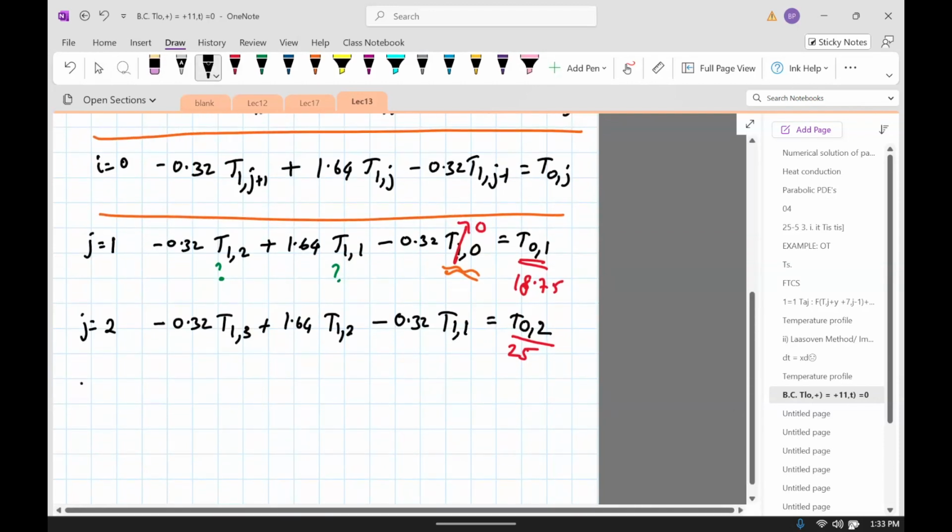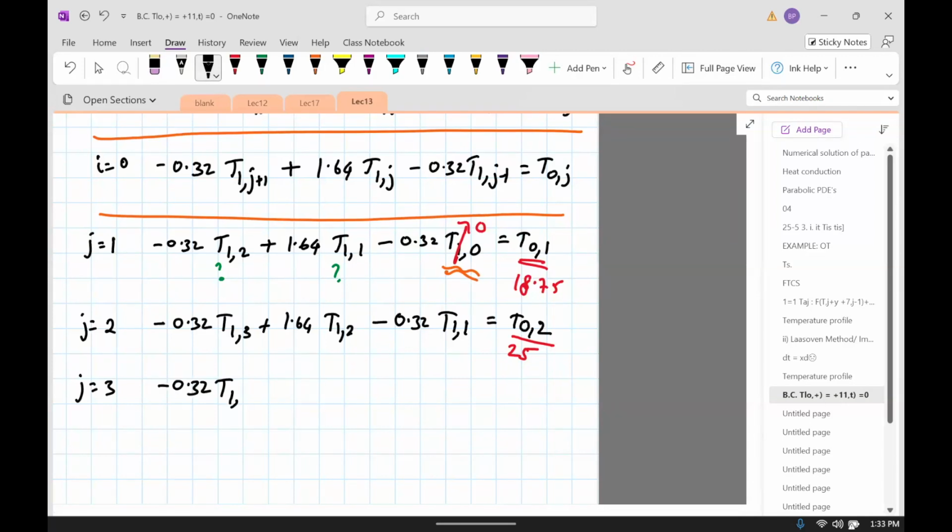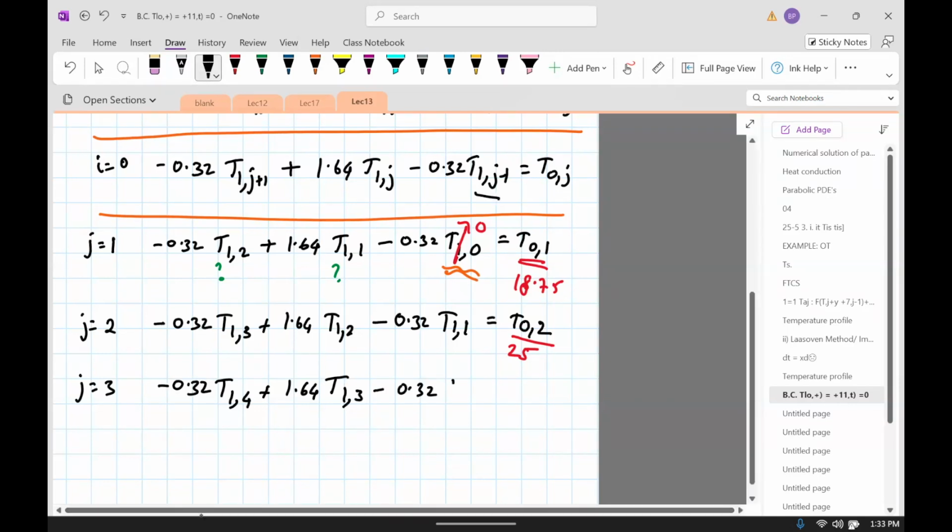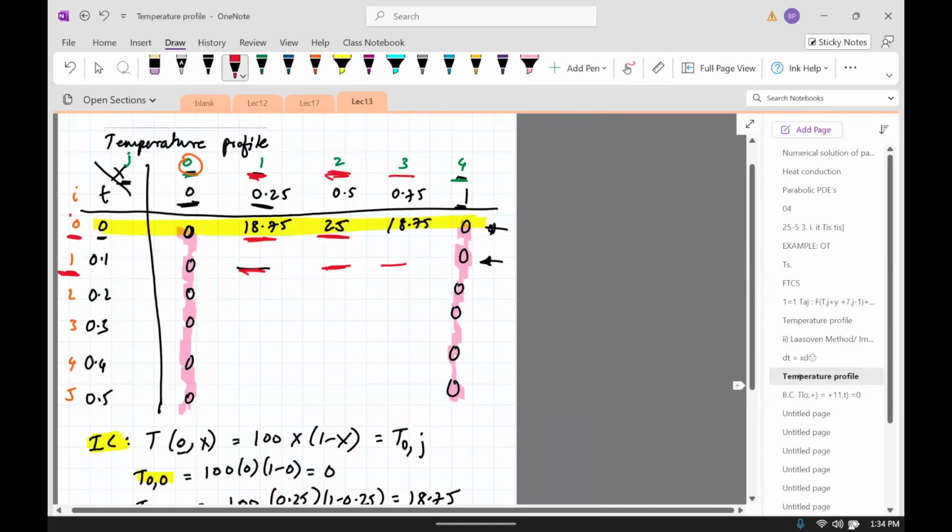And then finally, we'll write j equals 3. 0.32 t1, so j plus 1 is 3 plus 1 is 4, plus 1.64 t1,j where j is 3, so t1,3, minus 0.32 t1,j minus 1, so 3 minus 1 is 2, equals t0,j, so j is 3, so 0,3. Let's see what 0,3 is from the table. 0 is here, 3 is here, so it is 18.75.